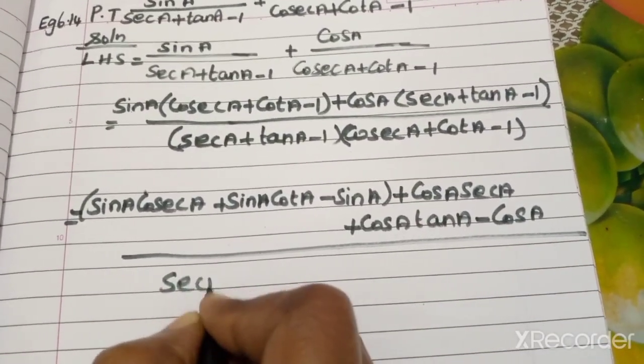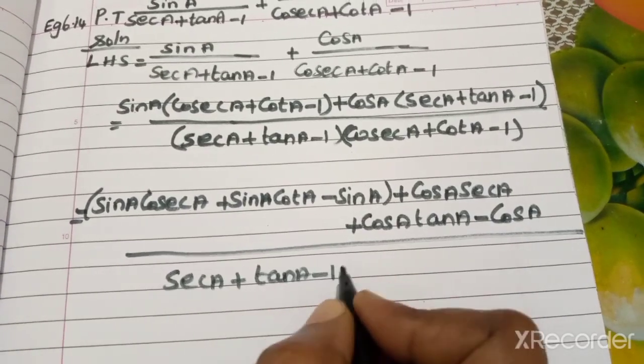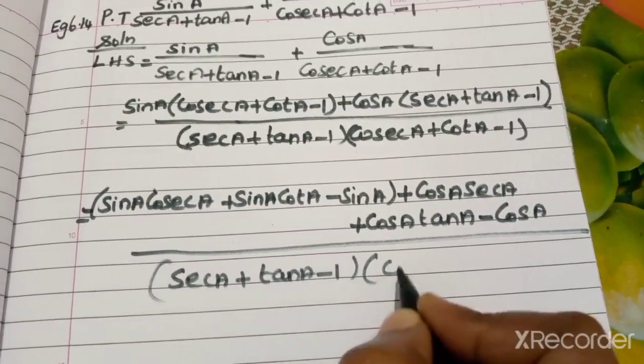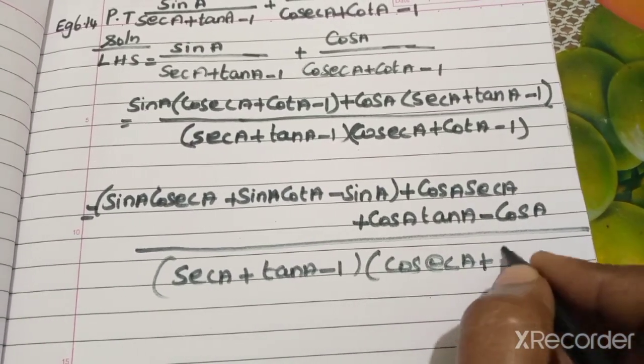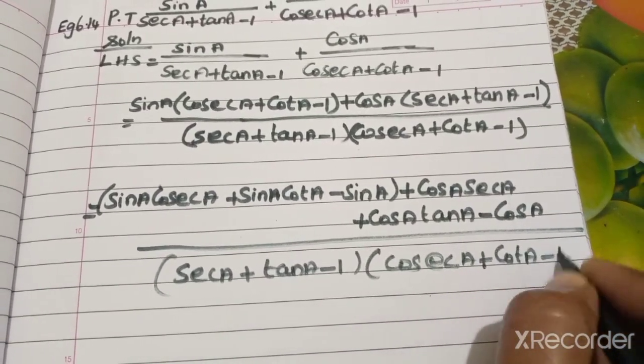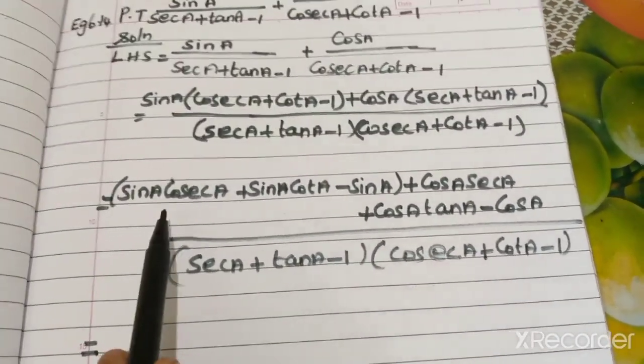Secant A plus tan A minus 1 into cosecant A plus cot A minus 1, which is equal to, now what is the numerator?